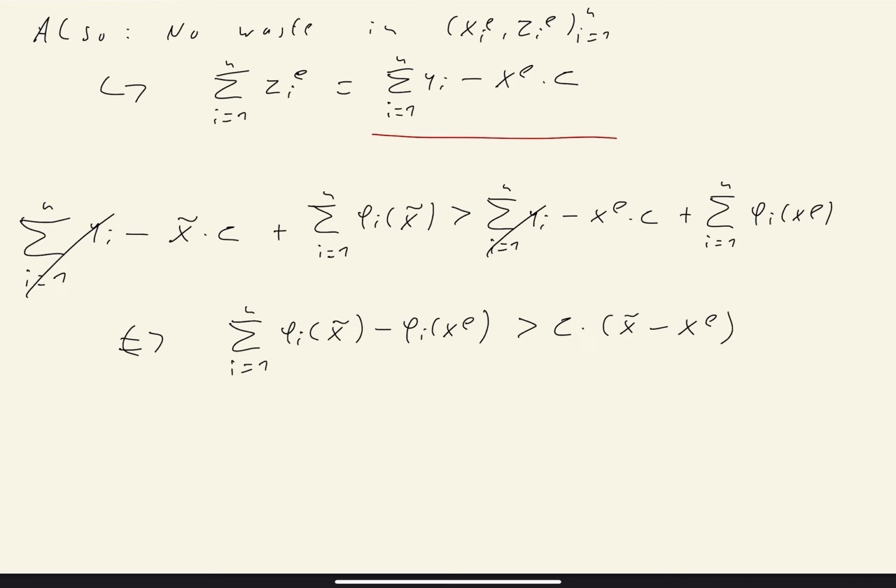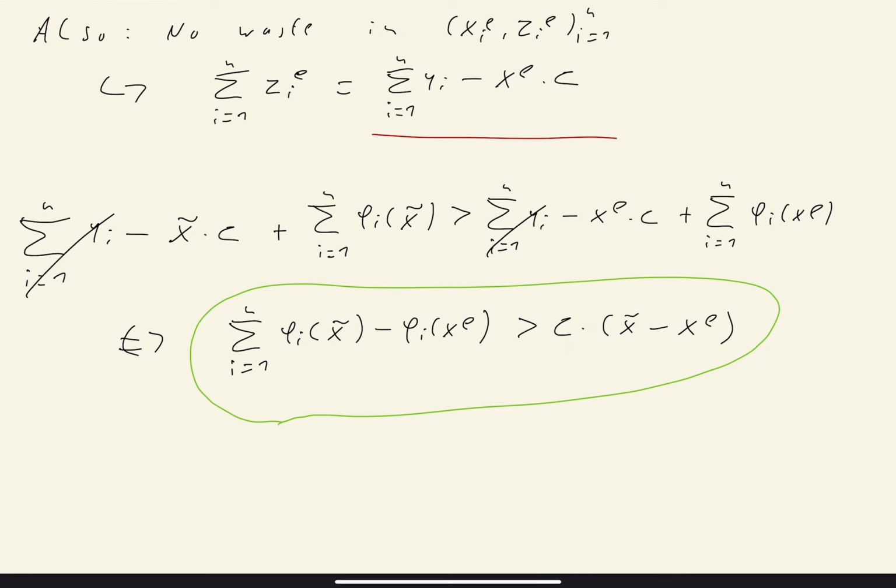Okay, and this is basically what we will use to show that it will lead to a contradiction, so there will be some conflict with the conditions in proposition 1 if we assume that this holds.